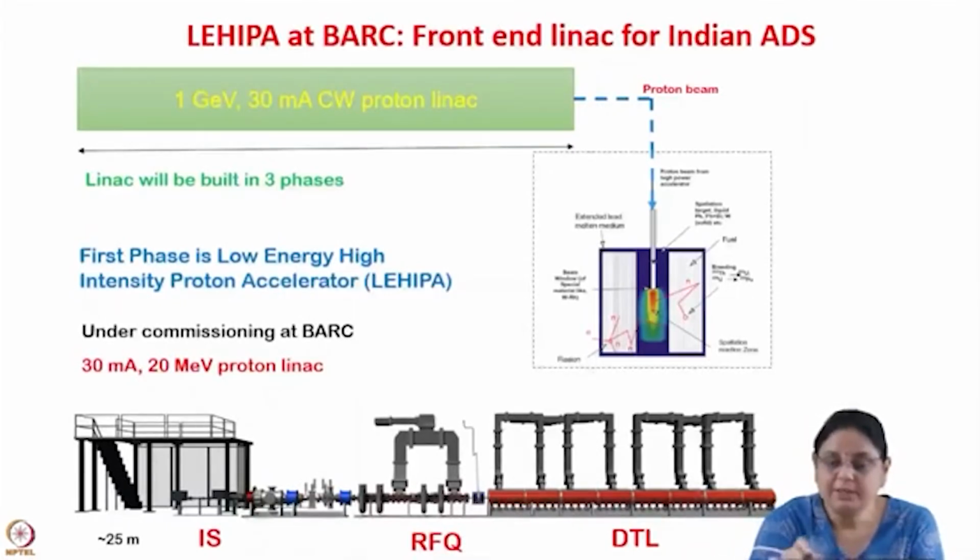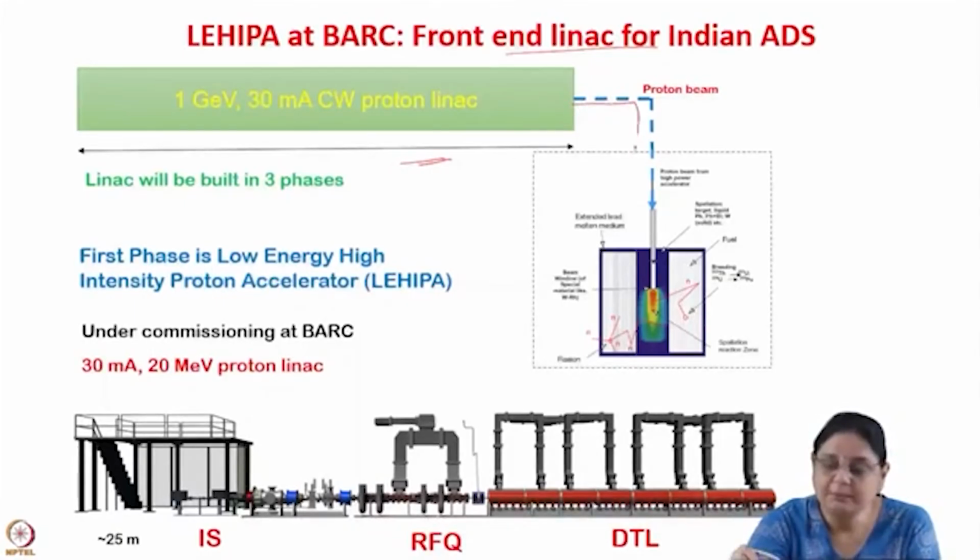So let me just speak about the LEIPA accelerator at BARC, which is the front end linac for the Indian ADS system. As we saw in the first lecture, the accelerator driven system needs a high intensity, high current accelerator, typically of energy 1 GeV.